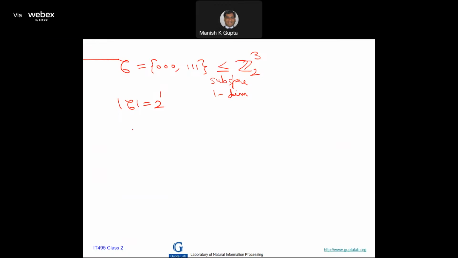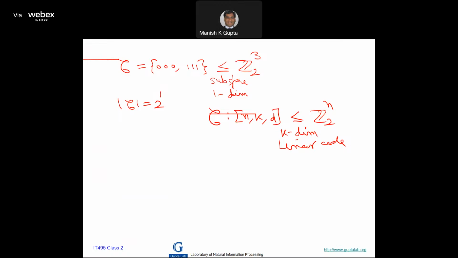Okay. As I mentioned, suppose we are given a linear code. Now, since it is a k-dimensional subspace, it is described by two kinds of matrices.